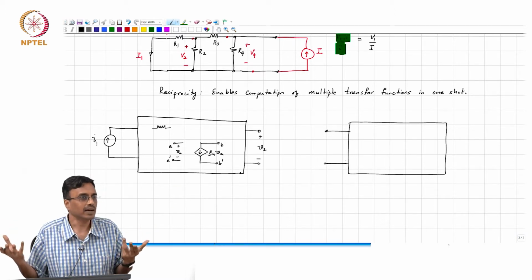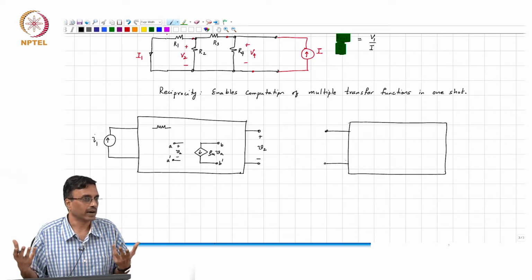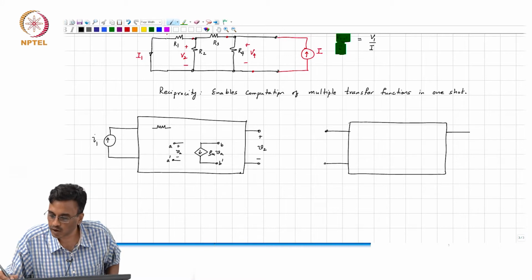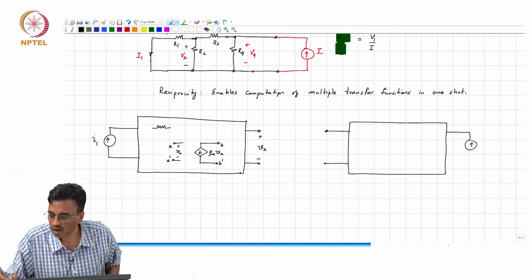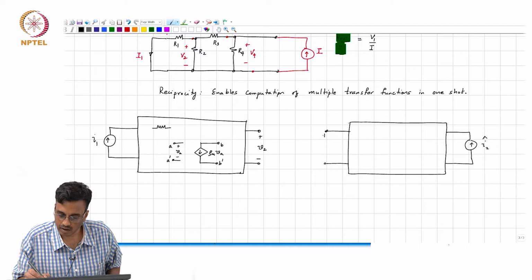Let me try and apply Tellegen's theorem to what we did with the passive network, where we interchange the location of the excitation. So we'll call this I2 hat. This is V1 hat.